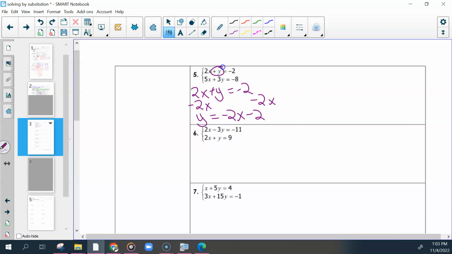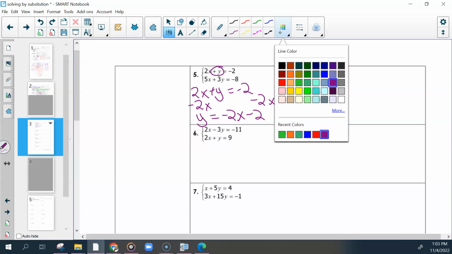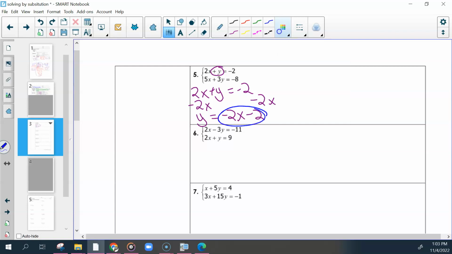And then the rest of the process is the same. Take this equation, put it into the other equation, where y is, and rewrite it. So 5x plus 3 times -2x minus 2 equals -8.